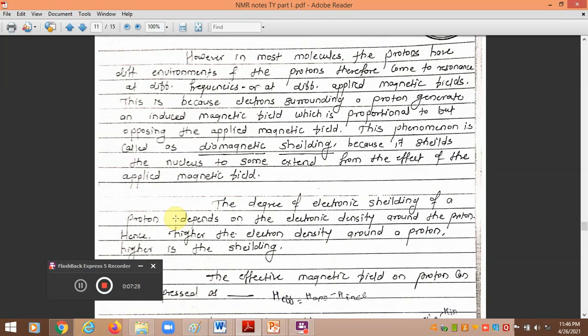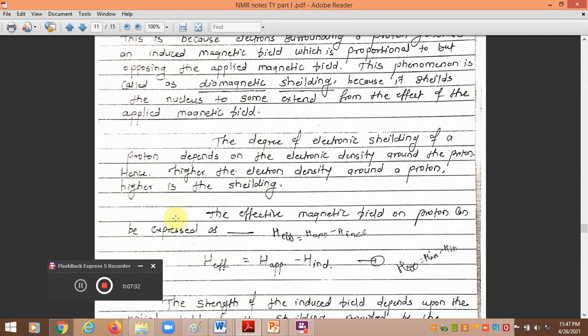Therefore the degree of electronic shielding of a proton depends on the electron density around that proton. If the electron density around that proton is greater, there will be more shielding.